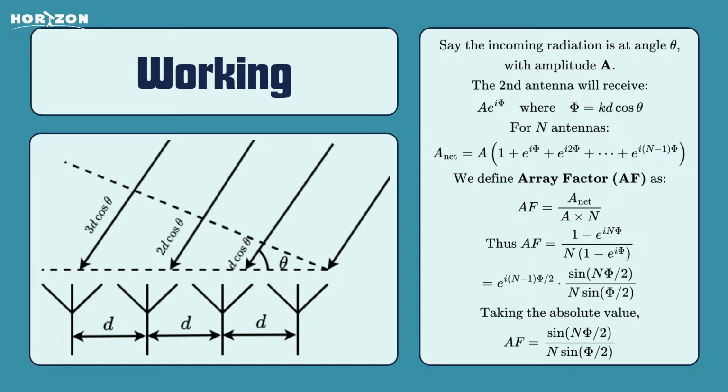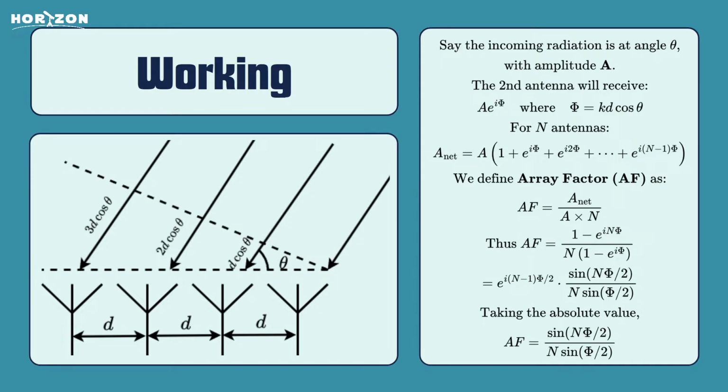So let's imagine this scenario in which we have n number of antennas. They are all separated by a constant distance d between them, and we want to look at a particular part of the sky which is theta degrees from the horizontal. So fine, let's look at the picture on the left. The rightmost antenna there will receive the electromagnetic radiation head on, so there will be no delay in that.